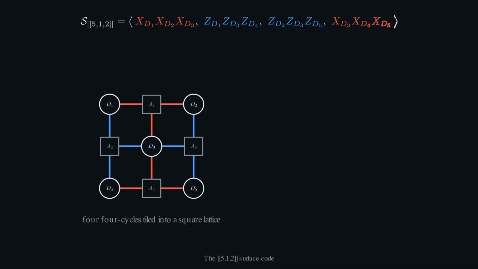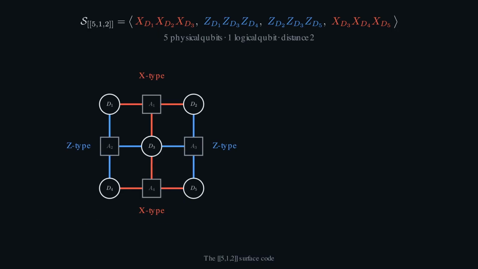So we can write the stabilizer based off the diagram and looking at the gates that connect. That is essentially the stabilizer group that encodes 1 logical qubit into 5 physical qubits with a distance of 2, or the 512 code. And as you can see, the stabilizers are either all X or all Z.